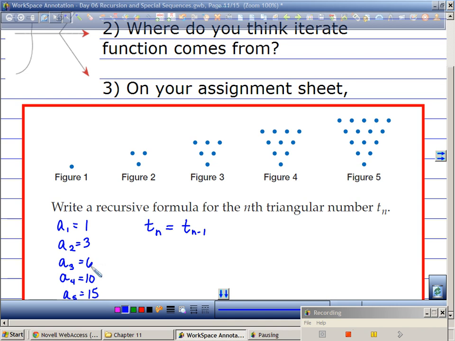T sub 3? Look at it. If I want to know t sub 5, I would add the 1 before it, which is 10, plus 5 is 15. You see it? Hard, huh? Okay, you guys did great. Yes, I'll get your homework back right now.